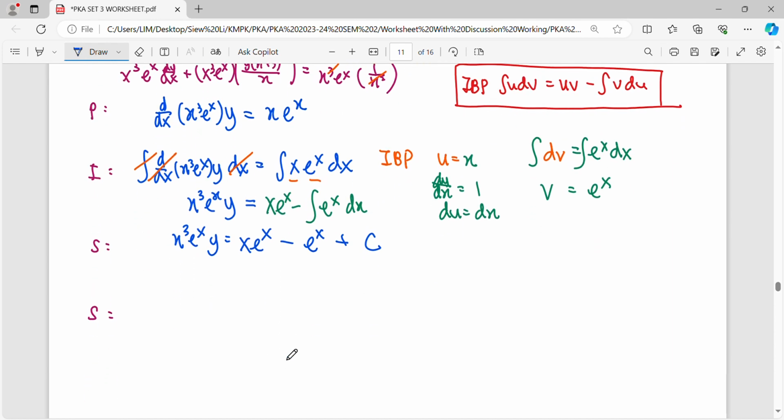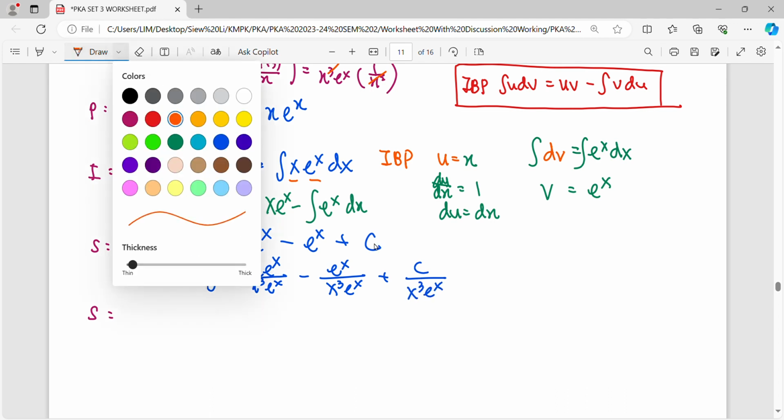So to get the general form, let y be the subject. So this x cubed e^x needs to move to the right-hand side, dividing.